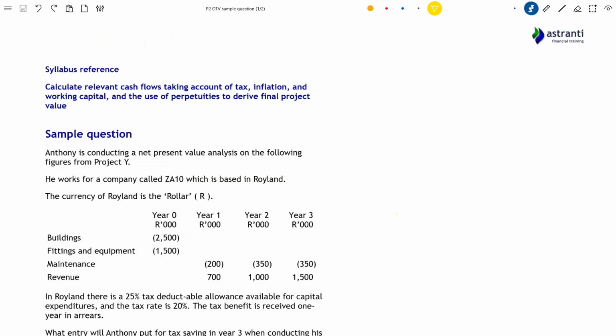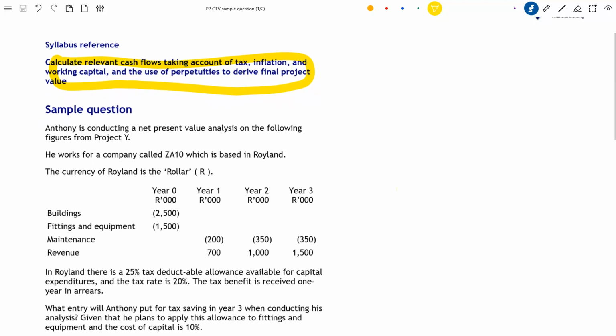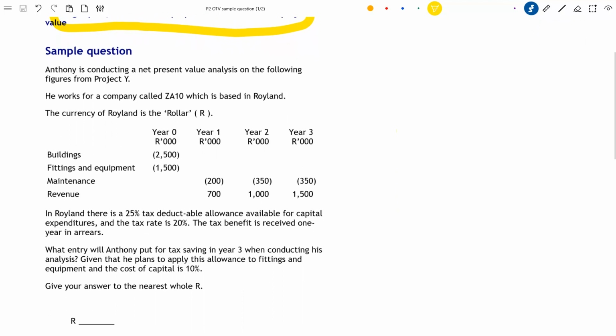The question will look like this, and you can see that we've got the syllabus reference here, and this is an actual representative task statement from the P2 syllabus. So you will have questions in your P2 exam that are about calculating relevant cash flows, including taking into account tax, inflation, working capital, etc. So let's take a look at the question.